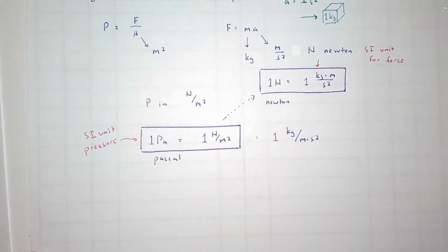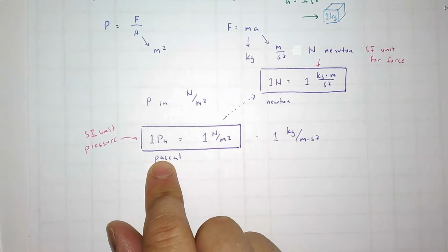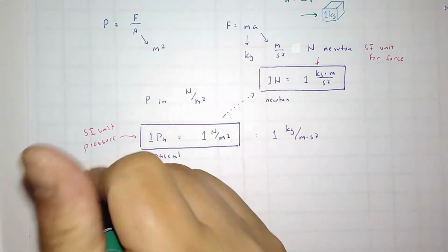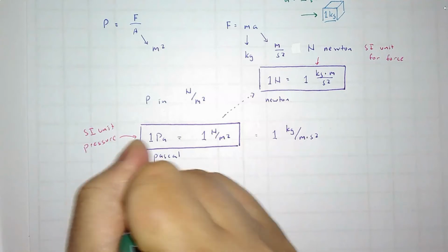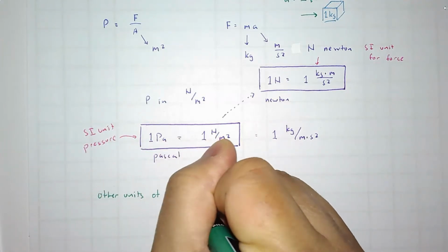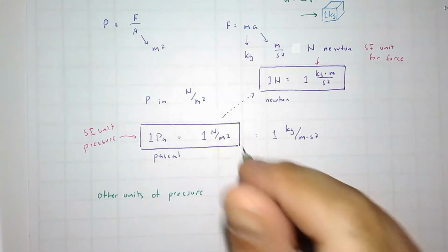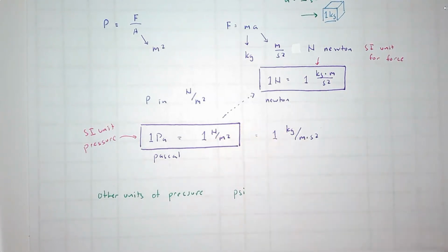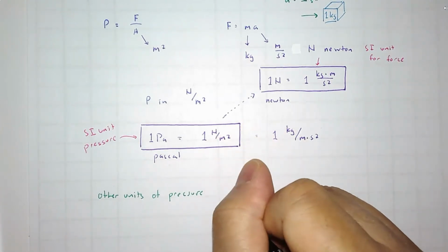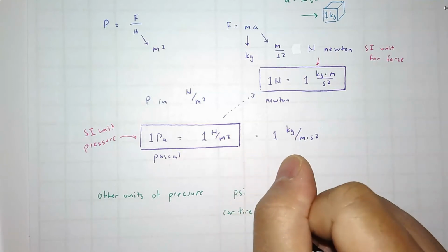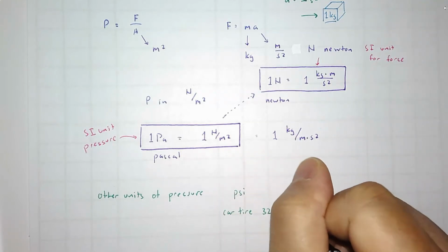Now, you may not be familiar with Pascal, or you may know other units of pressure. We have PSI, right? Your car tire is measured in PSI, the pressure in the tire, and that for my car is 32 PSI.